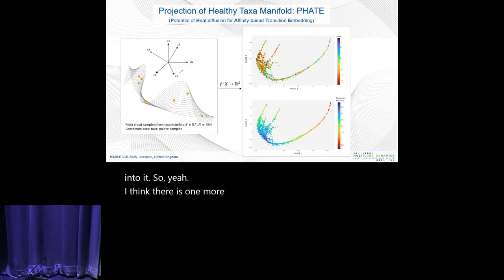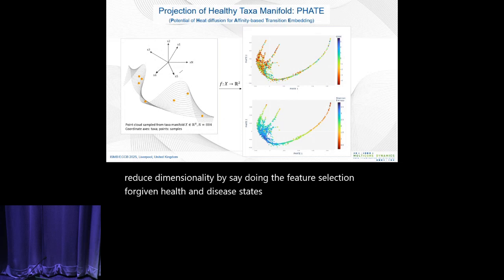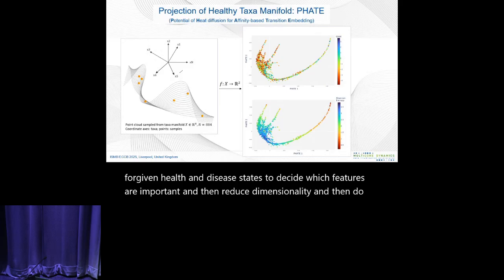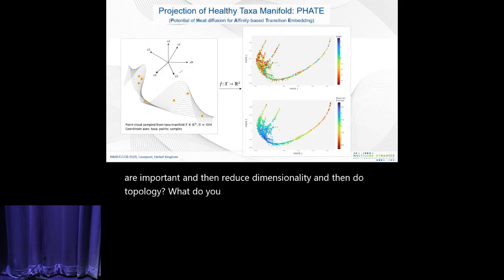Would it help to reduce dimensionality by, say, doing feature selection for given health and disease states, deciding which features are important, then reducing dimensionality and then doing the topology? Would you have the same picture? Well, I haven't tried this.